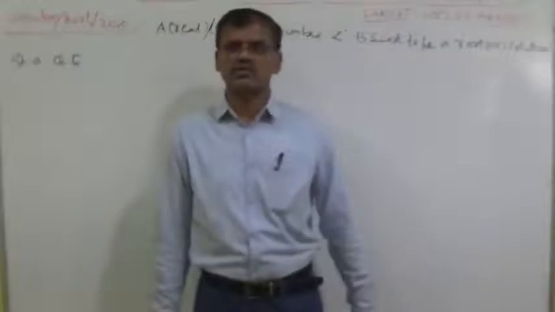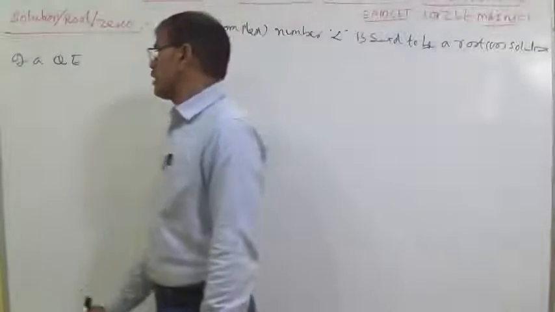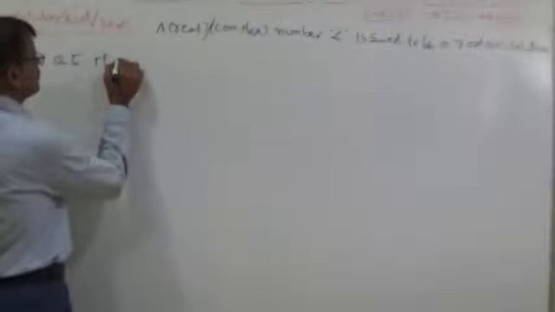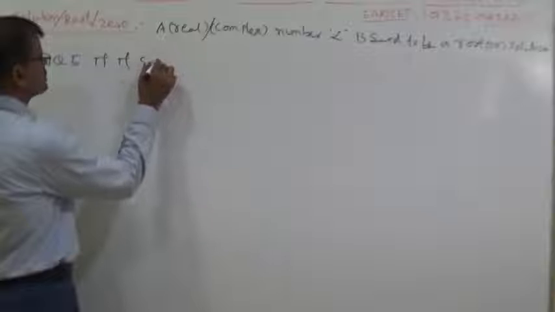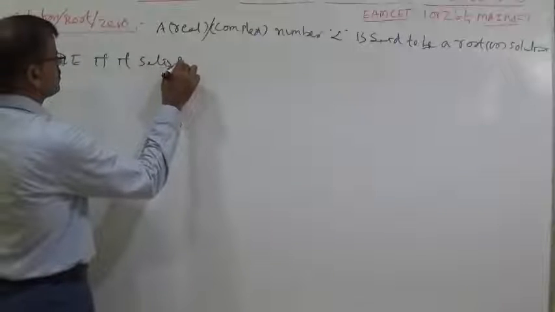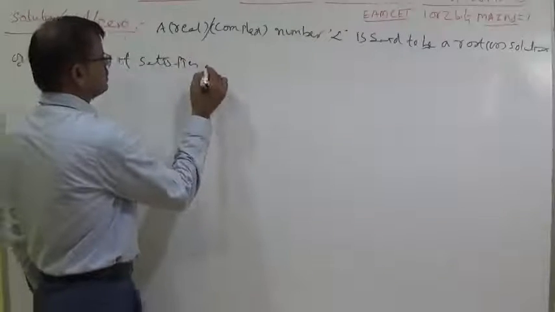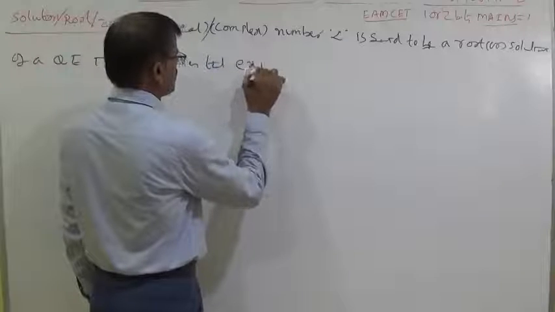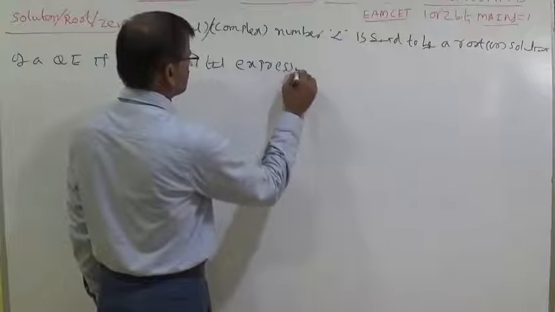Hereafter QE means you can understand whether it is a quadratic equation or quadratic expression, no problem. A real or complex number alpha is said to be a root of a quadratic expression if it satisfies that expression or equation.